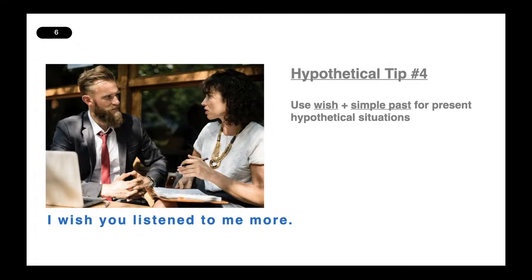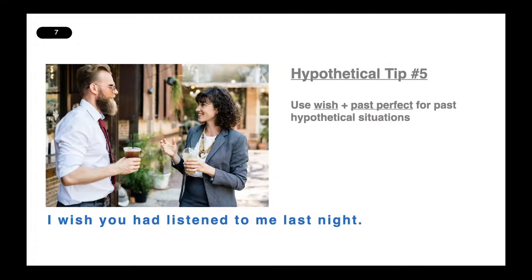Now, to make it past hypothetical, we use past perfect. Now, past perfect is had plus PP, past participle. So I wish you had listened to me last night. So if you want to talk about a hypothetical in the past, we use wish if you want something to happen, but it didn't, plus past perfect.